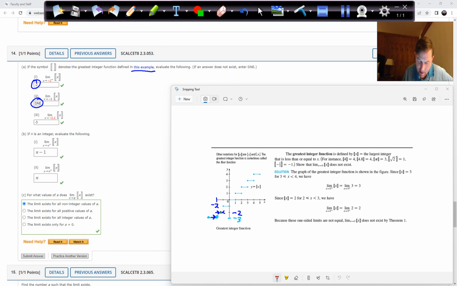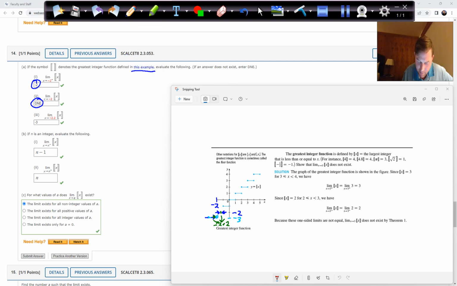And from the right, I would approach on the -2 height line. But oh shoot, I drew it in the wrong spot. It's actually down here. I drew like negative 1.2, not 2.2. So negative 2.2 is down here, but the same argument holds.